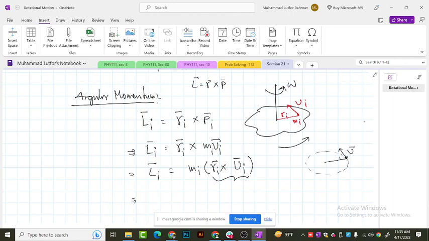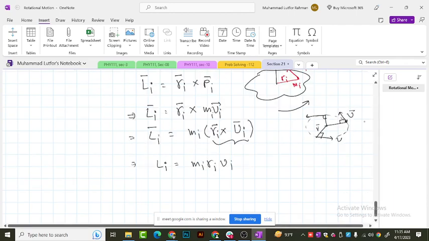That's why this angle is 90 degrees over here. And I can find the magnitude in that case: mi ri vi, right? Because sine 90 is 1. So if you take the cross product, ri vi sine theta, theta is 90, I simply find ri vi.